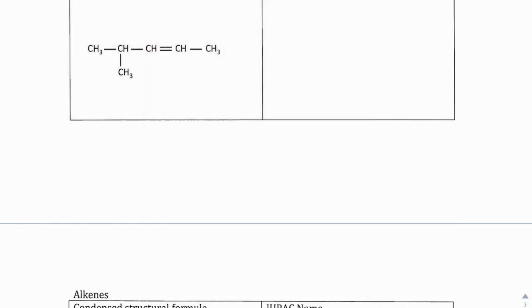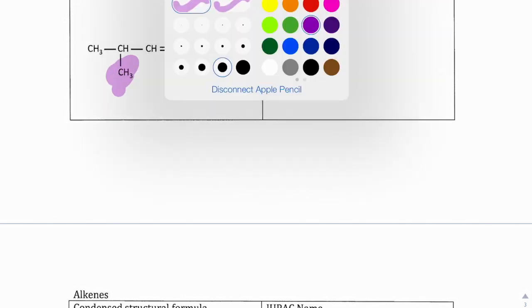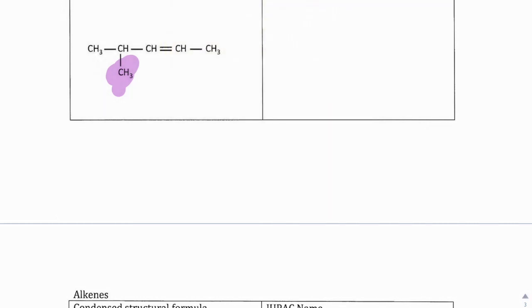Find the longest carbon chain. This is a really fun example, actually. The reason why this is really cool is because I have a methyl group here, for example. I have a methyl group here, but I also have a carbon bond here. So, which way would I start numbering?